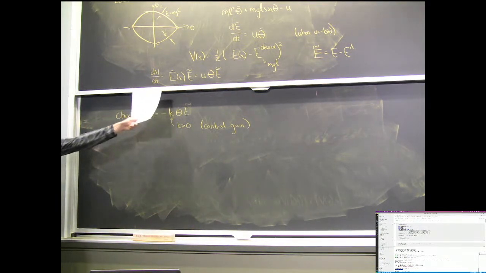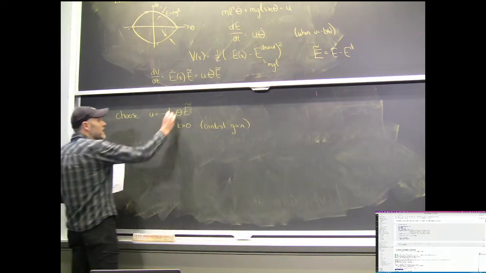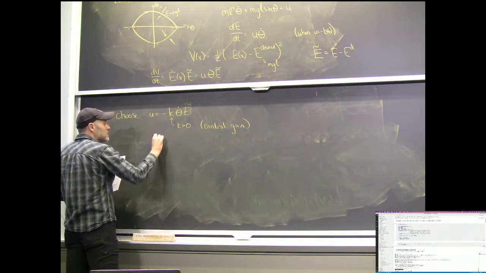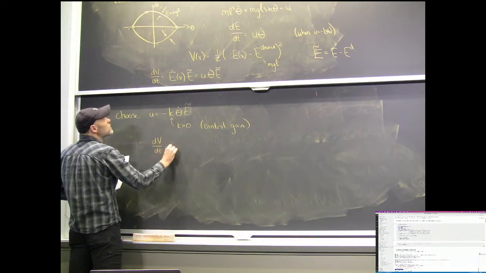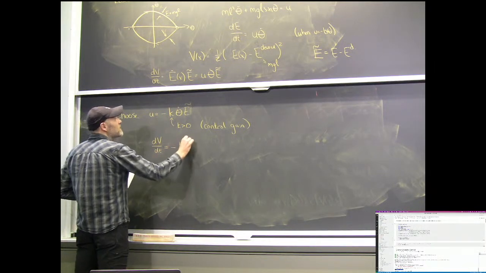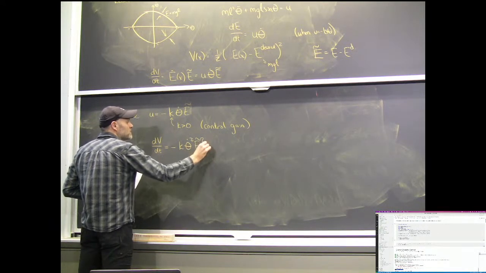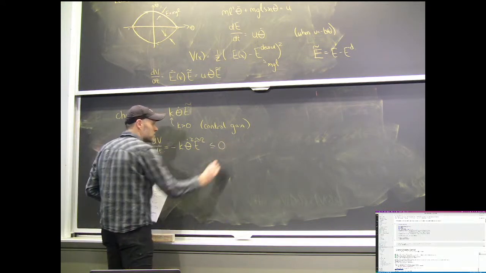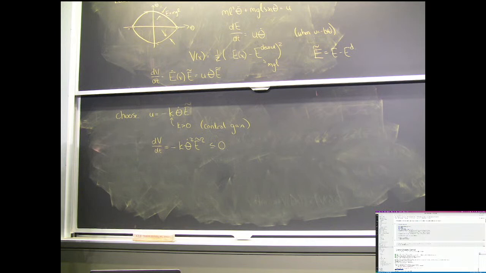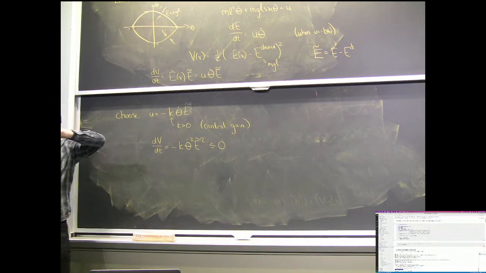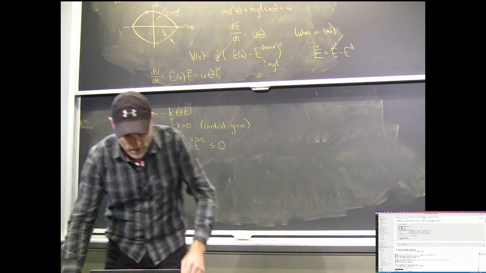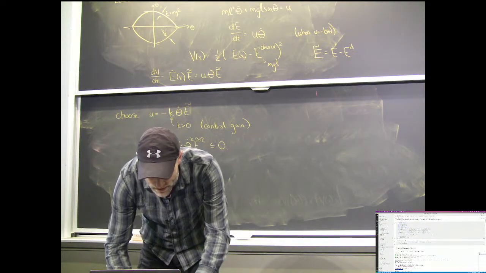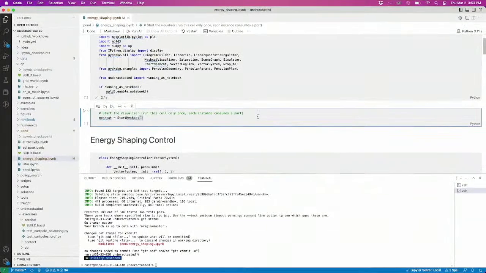If I choose that control, then as long as theta dot's not 0, I get dV dt equals negative K theta dot squared E tilde squared, which is less than or equal to 0. And this controller, of course, obtains its minimum at the homoclinic orbit. And it turns out that's a beautiful controller for swinging up a pendulum.